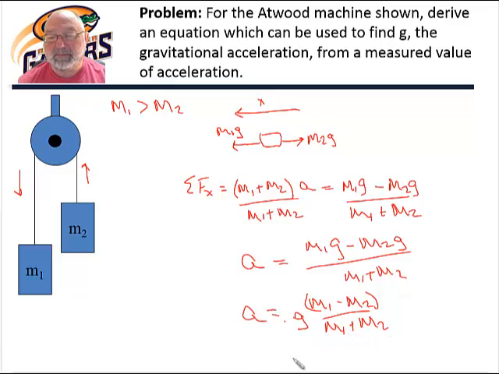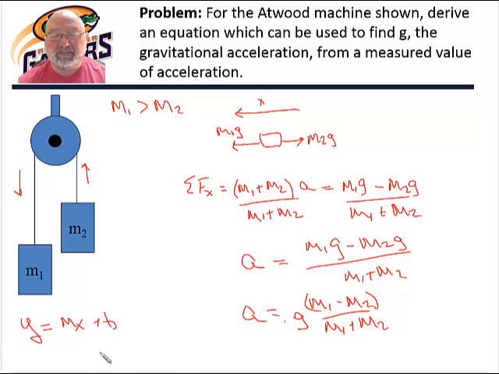And I'm going to clean this up just a little bit so it should look more like an equation that you're used to seeing, which is y equals mx plus b.